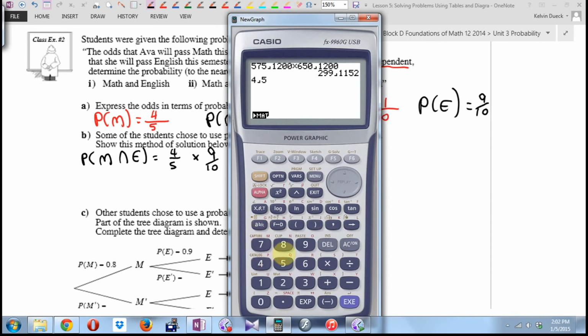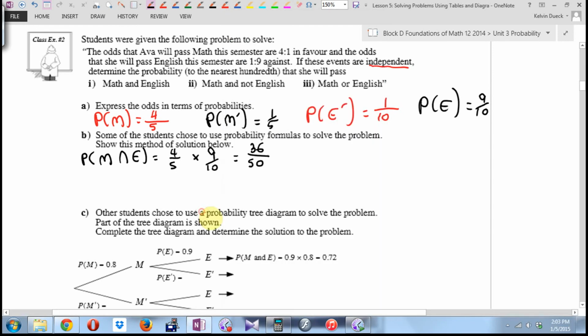That's what 4/5 looks like. Then times 9 fraction 10. That's how you type in 4/5 times 9/10. And you get 18 over 25, which I'm pretty sure is 36 over 50 in lowest terms. Divide by 2, divide by 2. Okay.